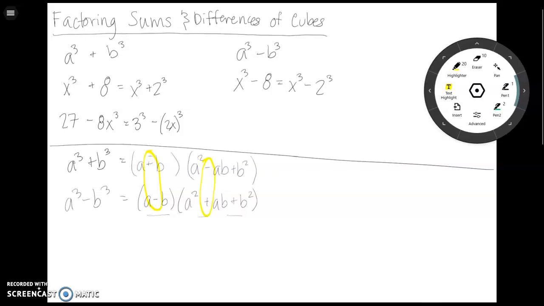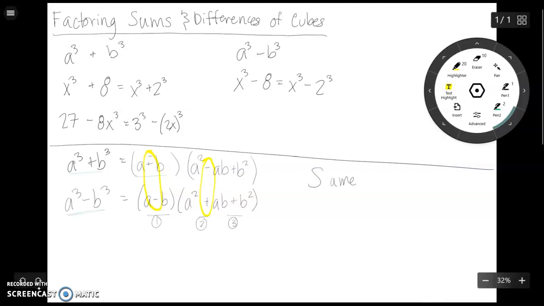You'll notice that you have a total of 3 signs in your factoring. The first sign is always the same as what you started with. So for example, if you're factoring a sum of cubes, the first binomial is a sum, so you're going to add there.